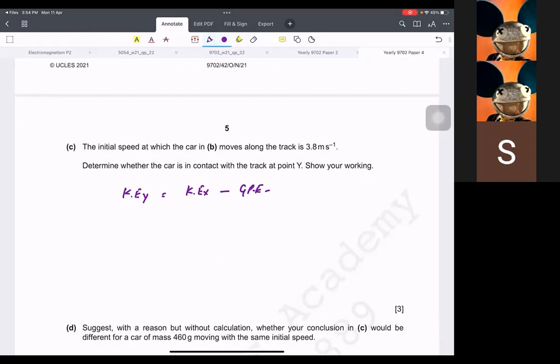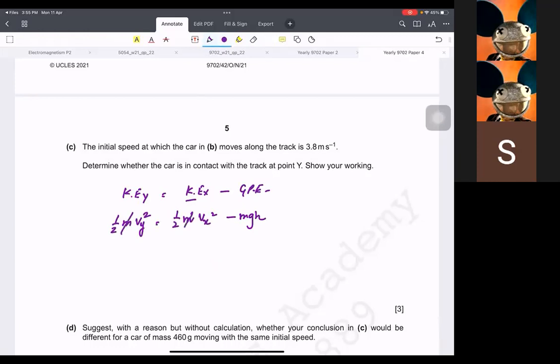So some of it is going to be subtracted from x. So this will be half m vy squared. This will be half m vx squared, minus mgh, right? So m from all of them is going to cancel out.